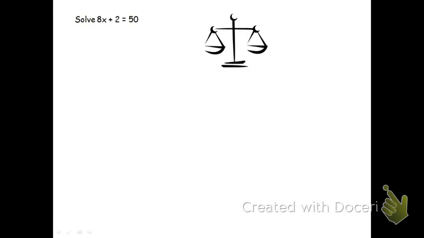Okay, so here's another example. A simple basic linear equation: 8x plus 2 is equal to 50. If we think of it in terms of our balance, here's 8x plus 2, here's our equal sign in the middle, and here's our 50 over here. First step is to get rid of the plus 2 by the 8x, so I'm going to subtract 2 from each side.